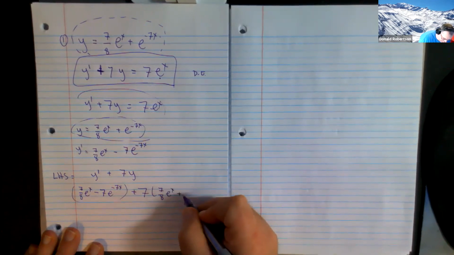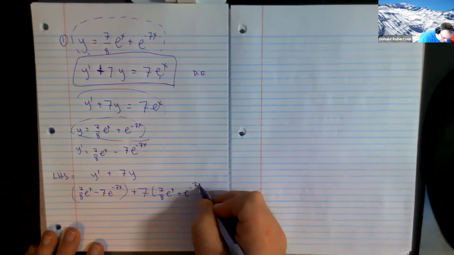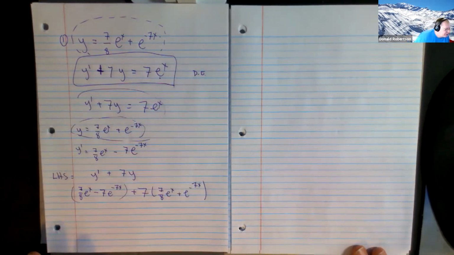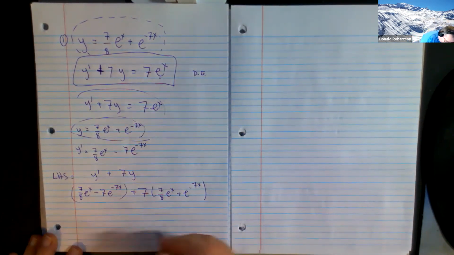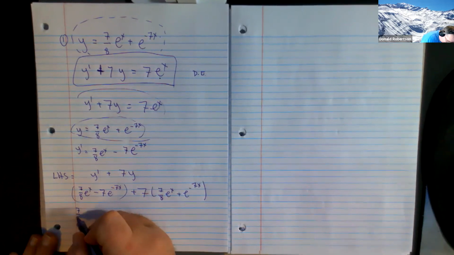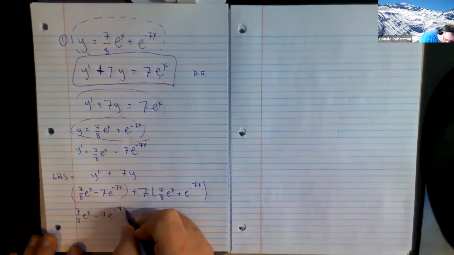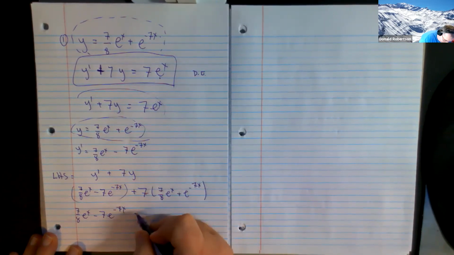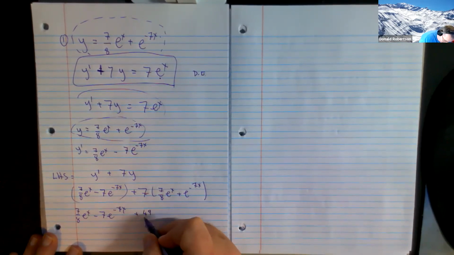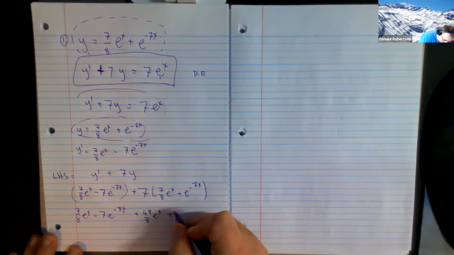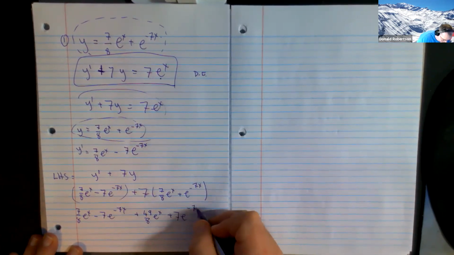So if you want to check a differential equation, take the left-hand side and prove that it's equal to the right-hand side. Let's see what this looks like. You've got this guy, take away that guy. 7 times this is 49/8. 7 times this gets you that guy.